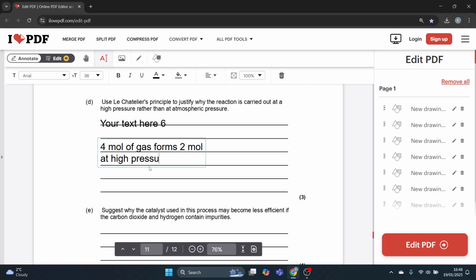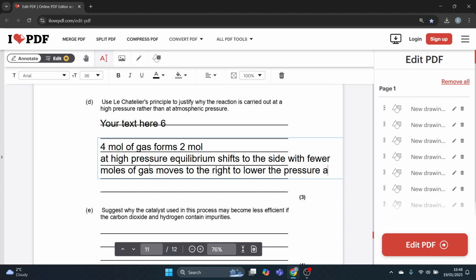At high pressure, equilibrium shifts to the side with fewer moles of gas. In this example, the 2 moles of gas side. So it moves to the right to lower the pressure, to oppose the high pressure. And because you justify this, it increases the yield of methanol.